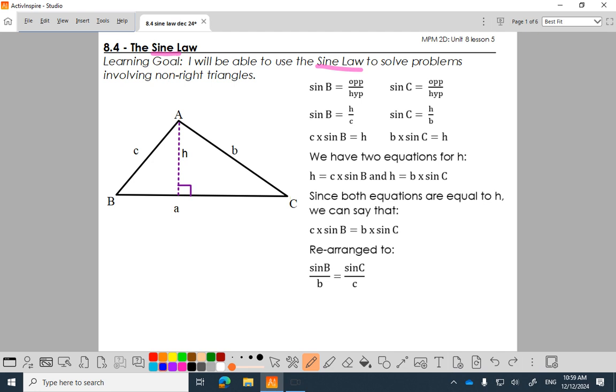The sine law and the cosine law are both for non-right angle triangles, and the difference will be the things that you are given, then that's going to help you decide which of them to use. So are we looking for a side given its angle, or do we have to solve for an angle given all the sides, something like that, which is what we'll do tomorrow.